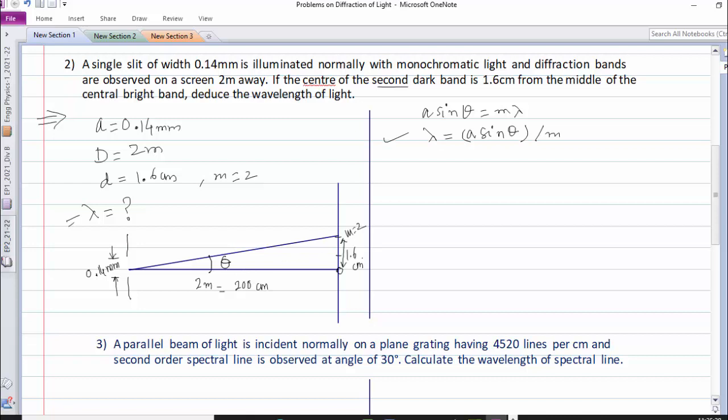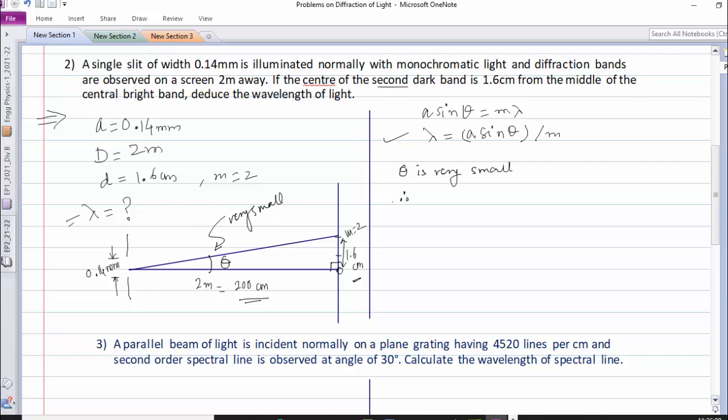You know this 200 centimeter in comparison to 1.6 centimeter is very large. So the value of this angle will be very small. Here we can comment that theta is very small.